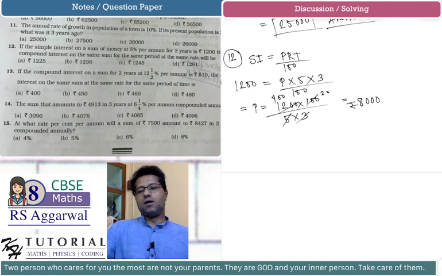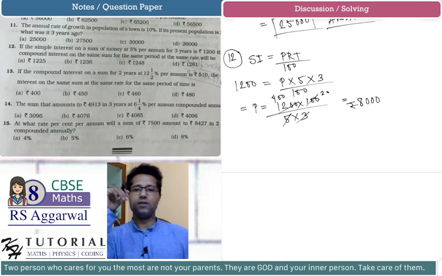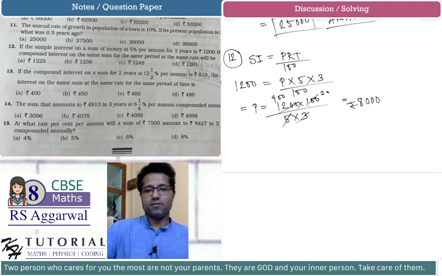So when the interest is compounded annually and the time period is an integer, the simplified version of the general formula is A equals P multiplied by (1 plus R by 100) to the power n.